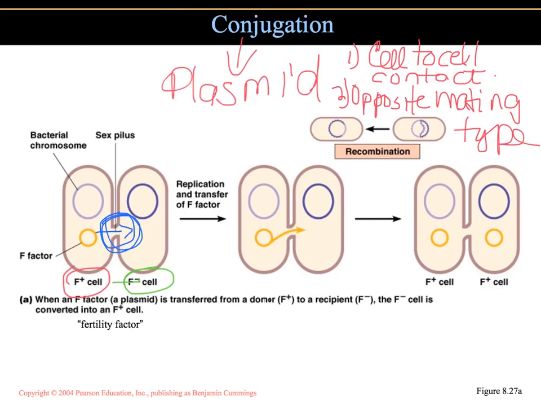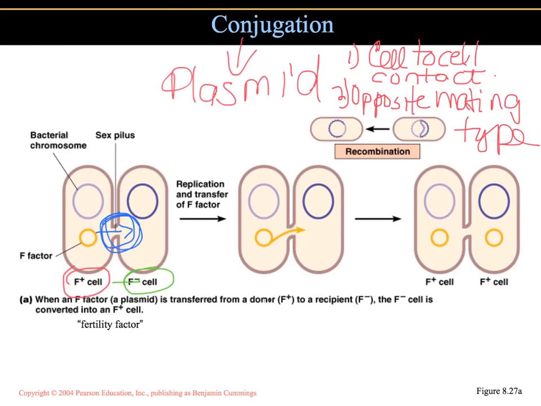In gram-positive cells, they get a sticky surface molecule, and it causes the cells to stick to each other and come into direct contact with each other. The very first plasmid that was observed in bacteria was in E. coli, and it was this F factor, the fertility factor.